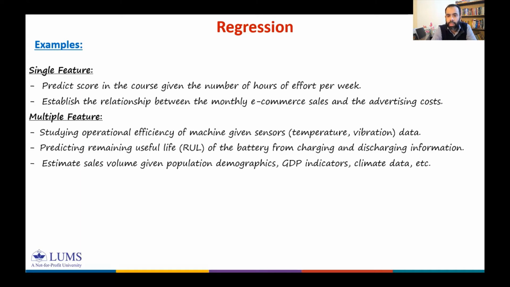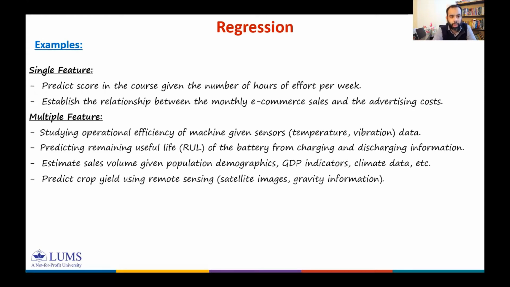We want to estimate sales volume given population demographics, or GDP indicators, or climate data, right? Because climate is going to impact your sales volume, or it could be pandemic data. So this is again a regression problem. You have multiple inputs, scalar output. It's a multiple feature single variable regression.